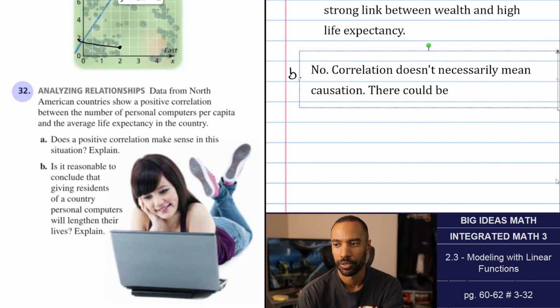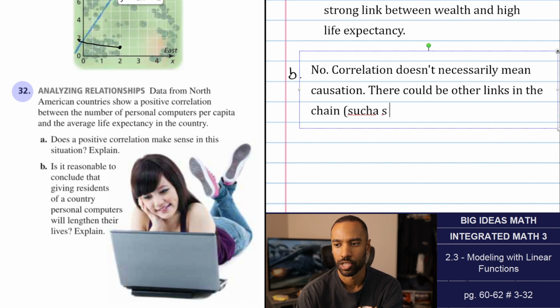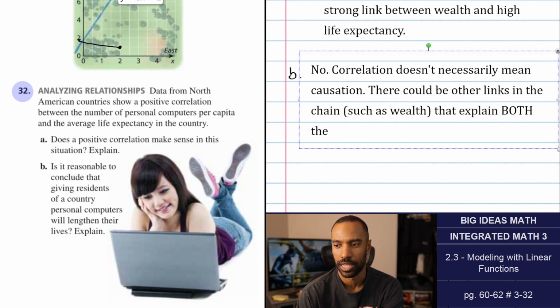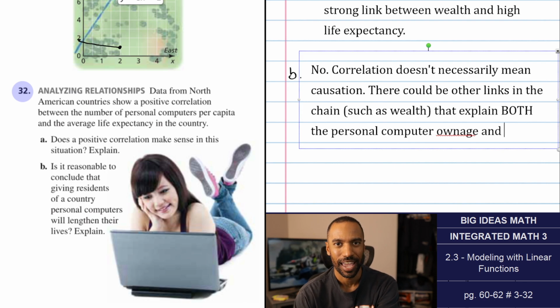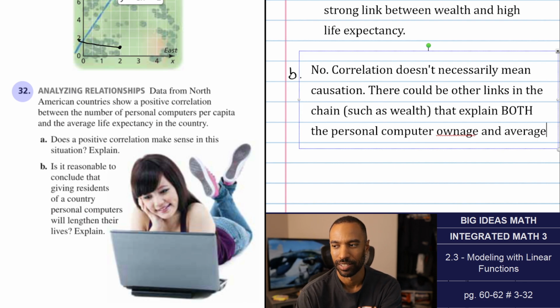There could be other links in the chain, such as wealth, that explain both the personal computer ownage, and I guess it's not really a word, and average life expectancy.